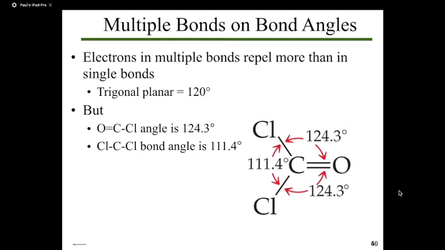If there was a triple bond in there, that would take up even more space. Okay? So life is not perfect, but if you have to predict, you predict one of the default angles. I will never ask you for a numerical value of an exception, but I might ask you which one's bigger, which one's smaller. I could do that.